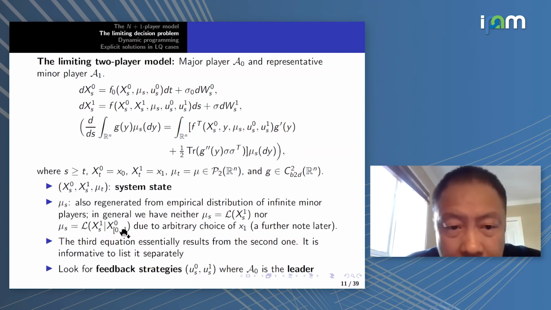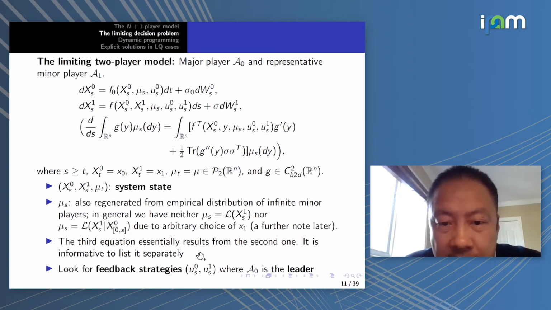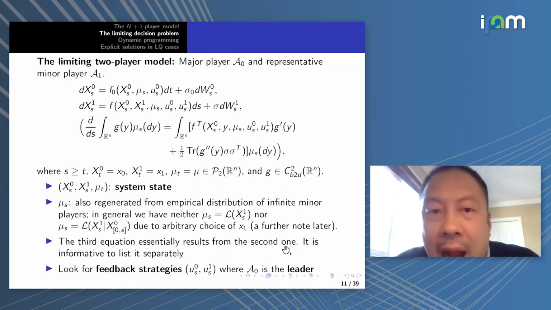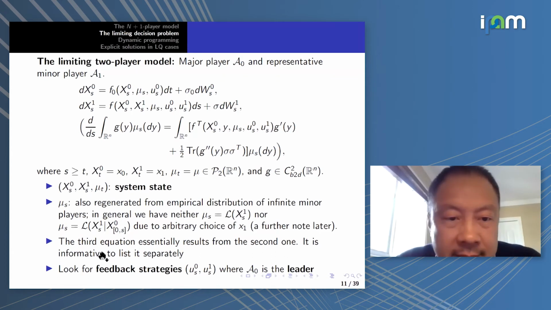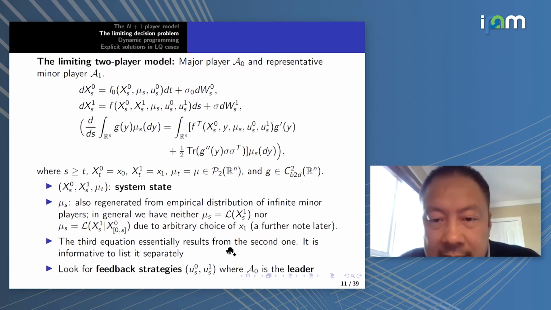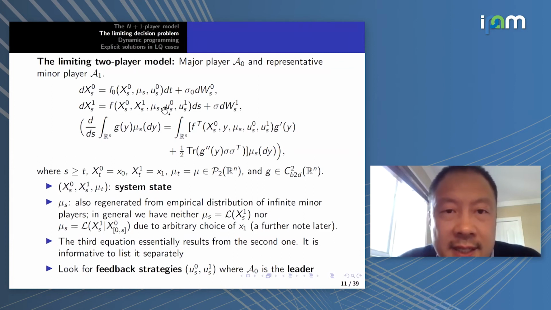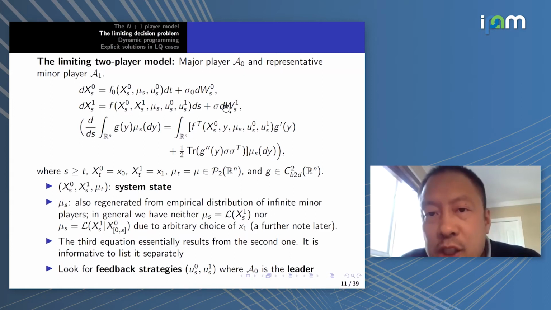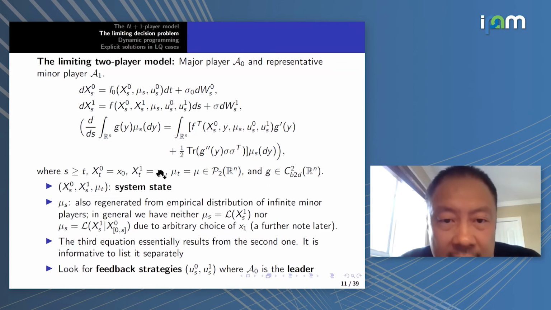Another note: the third equation essentially results from the second one, but it's informative to list it separately. Why can we say that? The reason is that you can use the second equation to regenerate different particles with independent Brownian motions and different initial state selections.